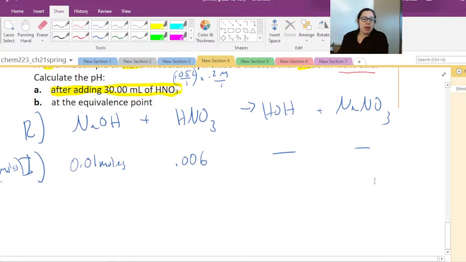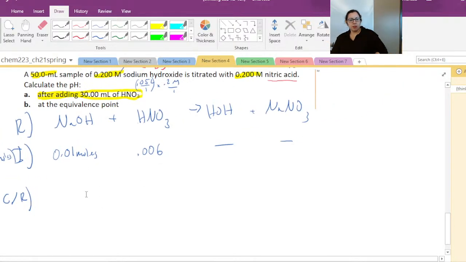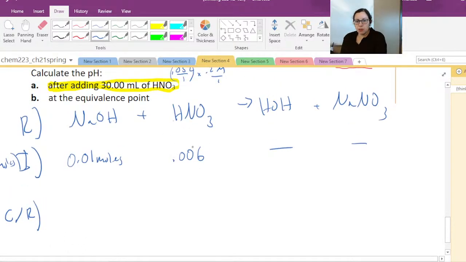Okay. Now let's do the change or reaction, however you want to think about that, equilibrium at this point. So now you're doing just the moles. You're going to consume all of your nitric acid, so that's going to go to 0.